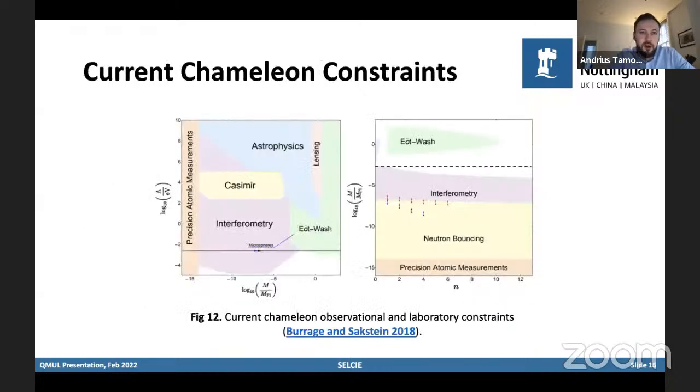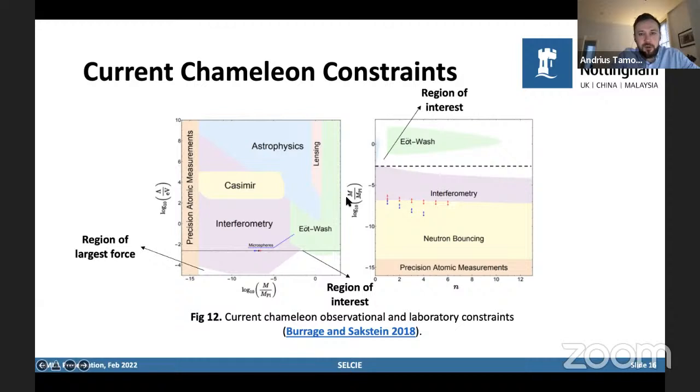Before moving on to a more general analysis, to test what size of the fifth force we can get in cosmology, let me just tell you a few things about the current chameleon constraints. As you can see from this picture, it's almost entirely ruled out, unfortunately.